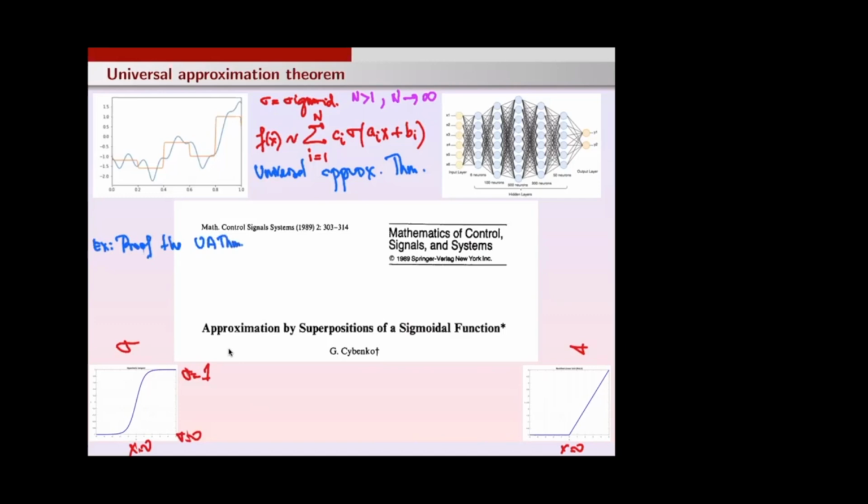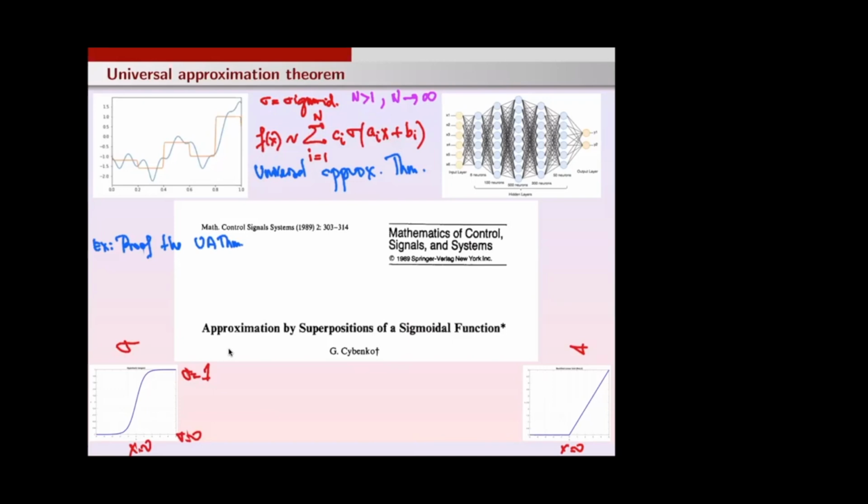I give you the hint. So what I said is that all these ingredients are necessary, but they are also sufficient. And then what Cybenko did was the following. He said, oh, let me see. I have to prove that the class of functions of this form, which can be generated by taking capital N arbitrary, and the coefficients a, b, and c also arbitrary on the real line, is dense.